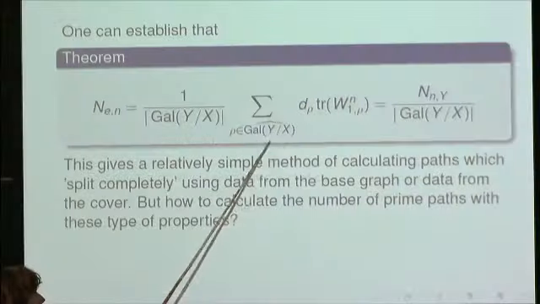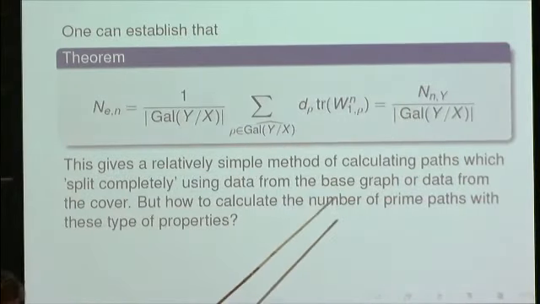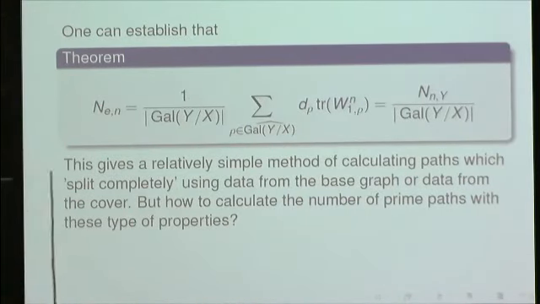Sometimes this will be much easier to calculate than these numbers because of the size of the matrices involved. So this gives you a relatively simple method to calculate how many paths split completely. That's how I produced the table on the preceding page. But how do you calculate the number of prime paths with these types of properties?